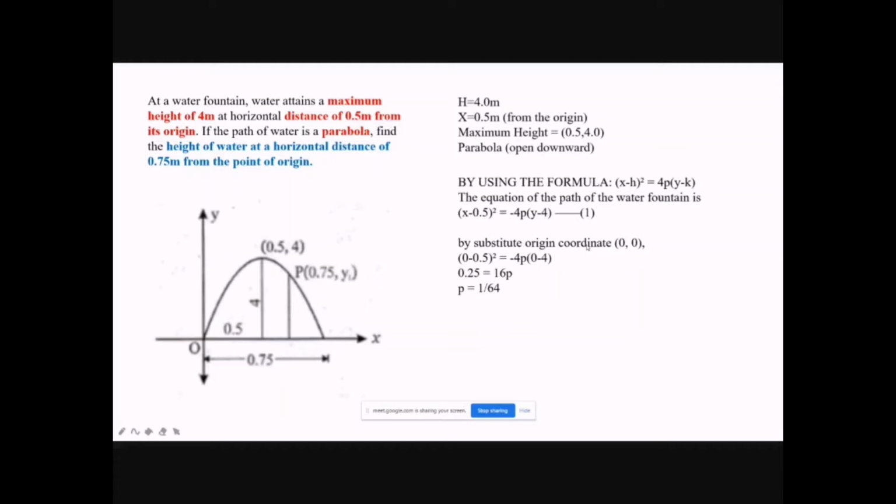By substituting the origin coordinate (0, 0), we will get that p is equal to 1 over 64. So we substitute the value of p inside, and we will get the second equation, which is (x minus 0.5) square equals negative 1 over 16 (y minus 4).